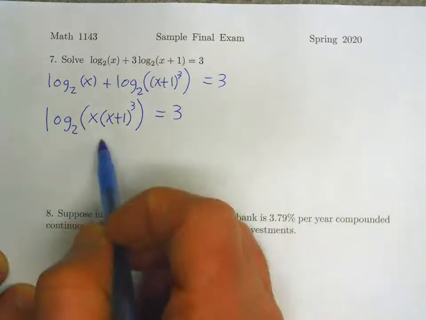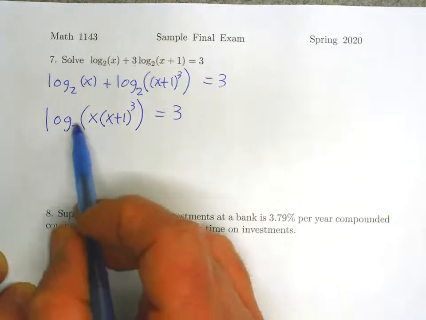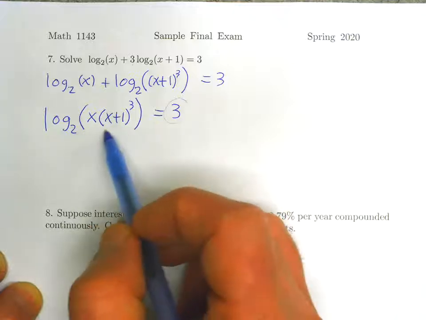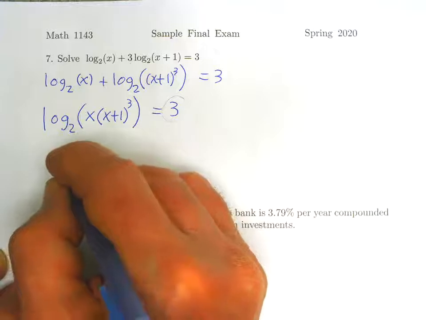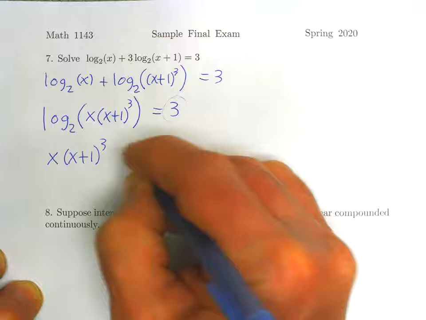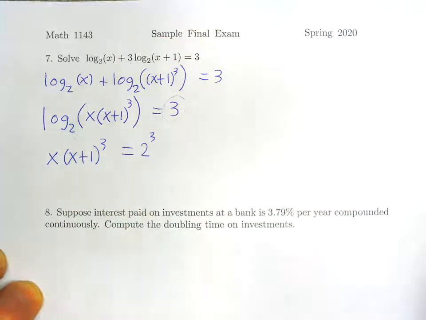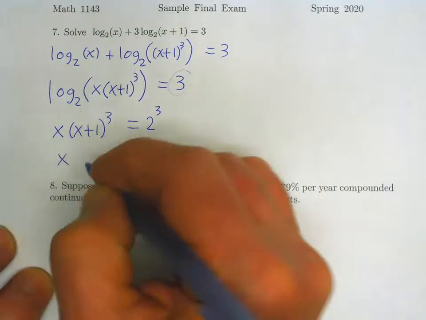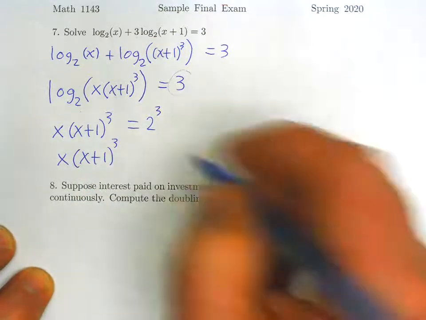So we convert this logarithmic equation into an exponential equation. The base number 2 raised to the exponent 3 is equal to the argument x times x plus 1 to the third. Or equivalently, x times x plus 1 to the third is equal to 2 to the third, which is 8. So this equation is a degree 4 polynomial equation.